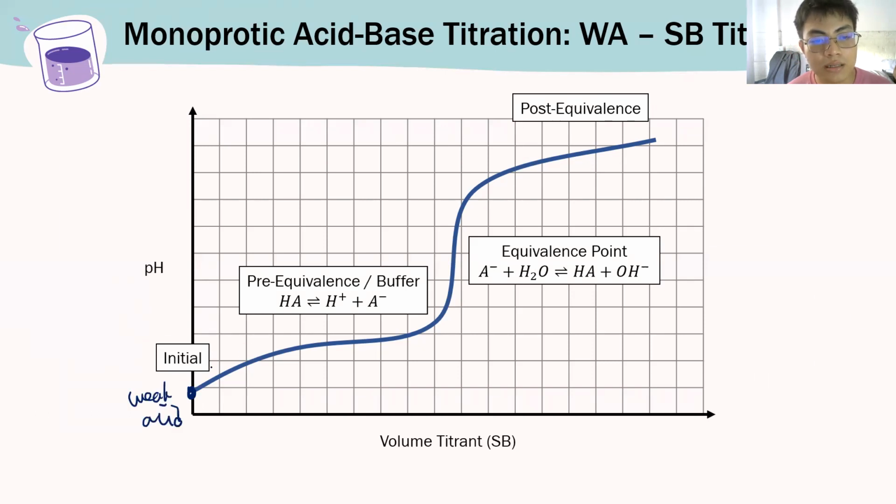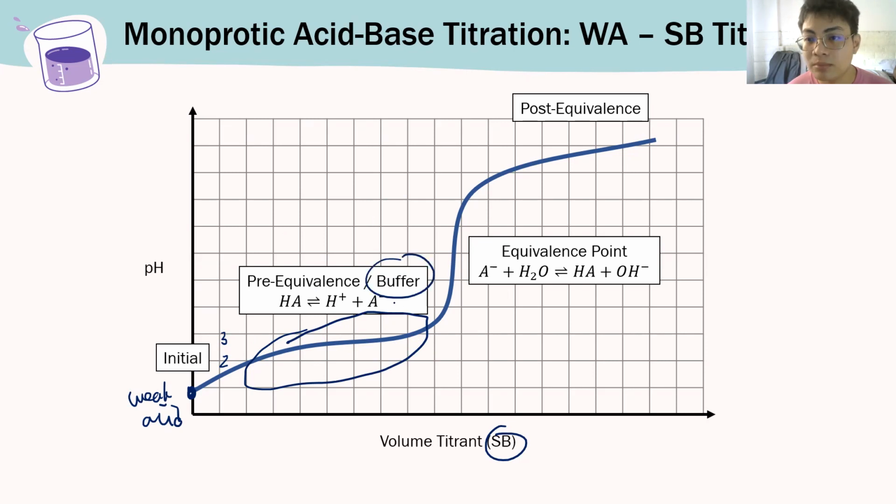But as you add your strong base titrant, the pH gradually goes up. However, what's remarkable is this region. At this region, you added a lot of titrant, but the change in the pH is just 1 unit. Say this is pH 2, this is pH 3. You added a lot of titrant, but the change in the pH is very minimal.